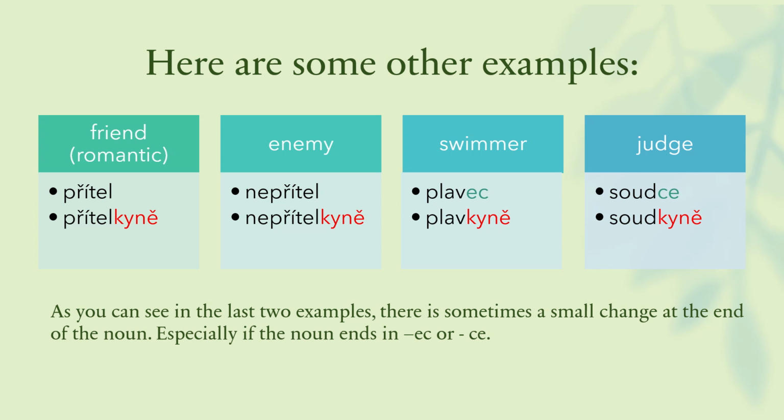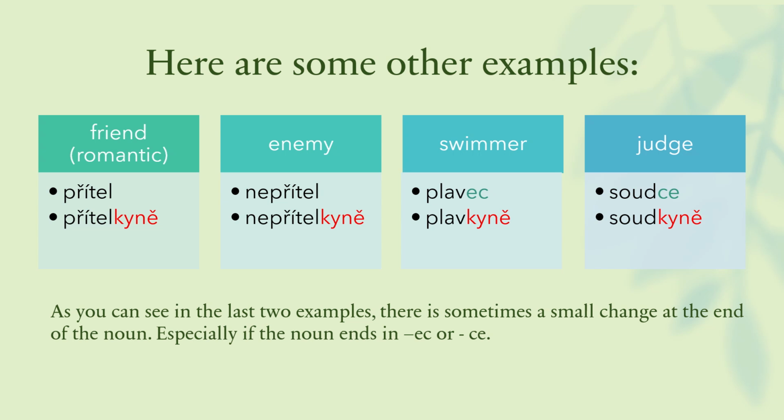As you can see, the enemy noun is just created by adding ne in front of the word for friend. So once again, a male enemy is nepřítel, and a female enemy would be nepřítelkyně.